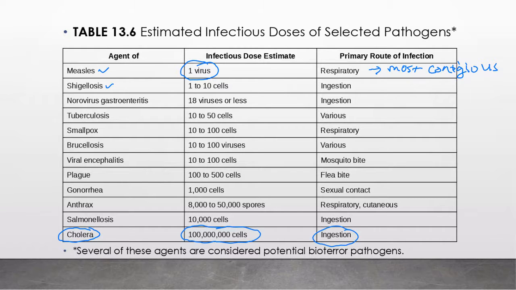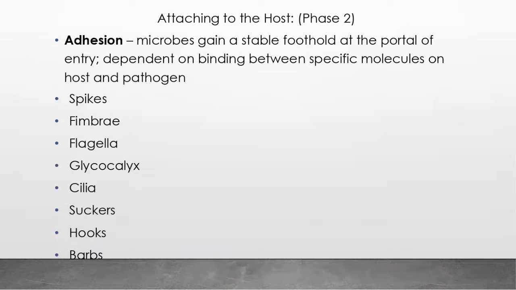Okay, so if we compare with the measles and cholera, then measles is very, very, very contagious, easy to be transferred, and easy to start the infection. Compared to the cholera, it requires at least 100 million cells to start the infection. So the lower the ID, the easier of these pathogenic microbes to start the infection, and usually they are more contagious.